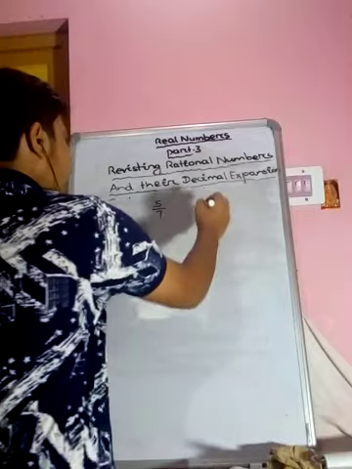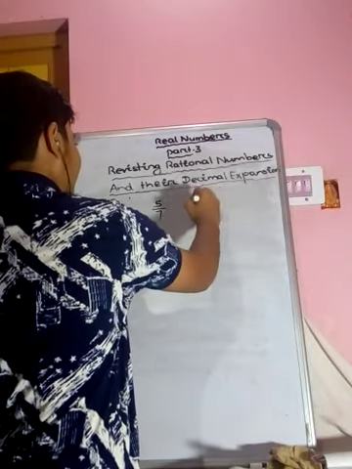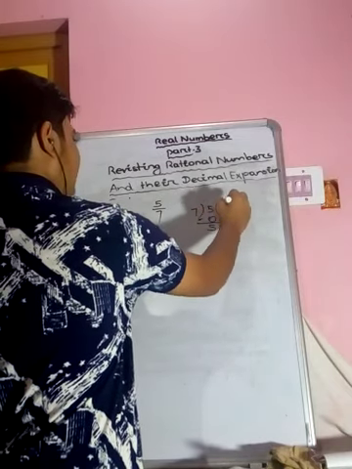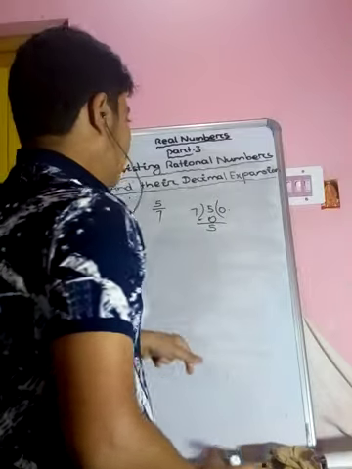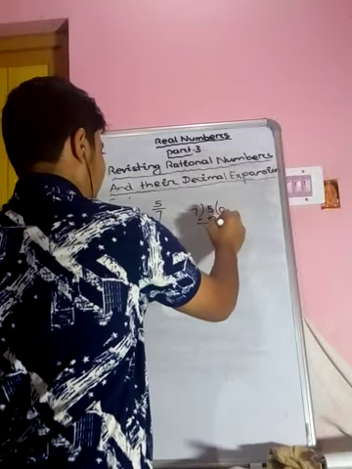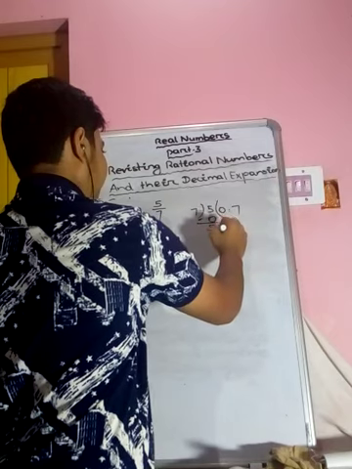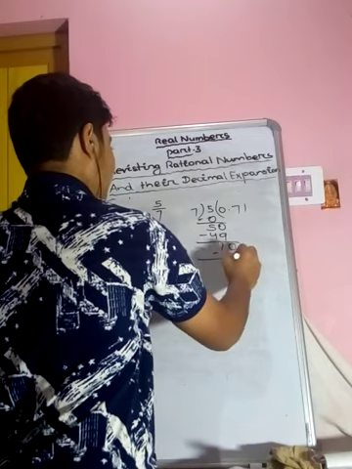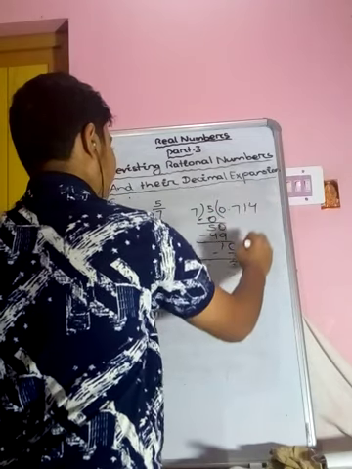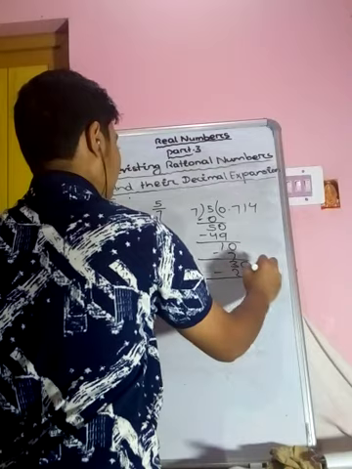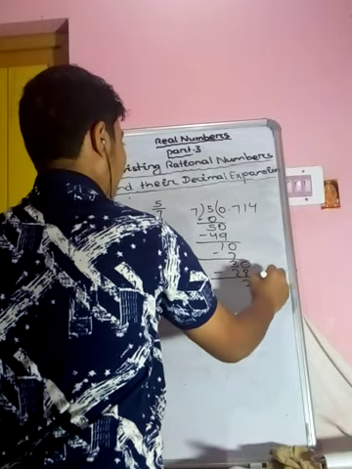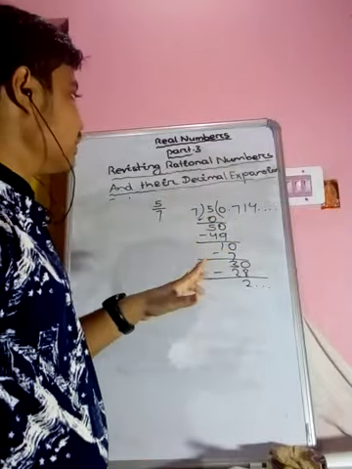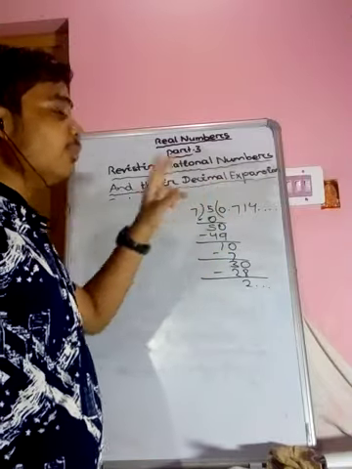By division. 7 zeros are 0, 5. Now a decimal came because there are no numbers left, so we put a 0. 7 sevens are 49, remainder 1, 0. 7 ones are 7, remainder 3, 0. 7 fours are 28, remainder 2. This will continue. This is known as a decimal expansion.